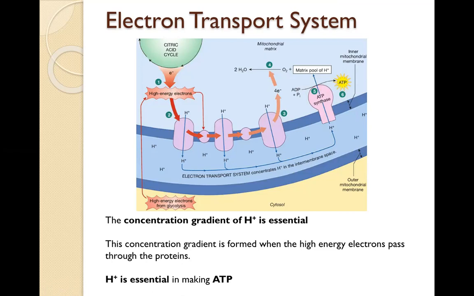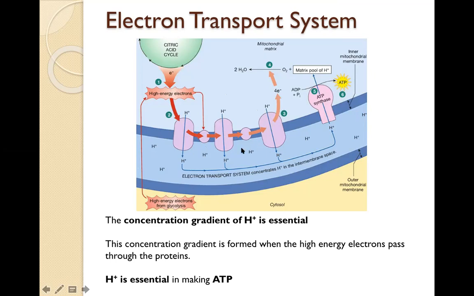And one thing that's absolutely essential in the production of ATP is there has to be this proton gradient. There must be a concentration gradient of hydrogen ions. And this concentration gradient is actually formed when those high energy electrons from NADH and FADH2 pass through these proteins, that negative charge of the electron is going to attract the positive charge of those protons, and the protons are going to get pulled through into this intermembrane space, and it's going to concentrate all of those hydrogen ions.